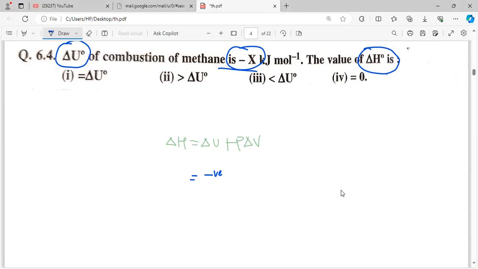Yes or no? Yes, sir. So delta H they are asking. Delta H is delta U plus P delta V. Sir, but if P delta V value is more than the delta U value, then it can be positive also.